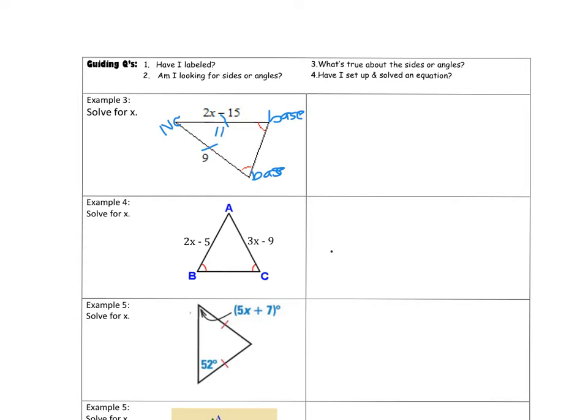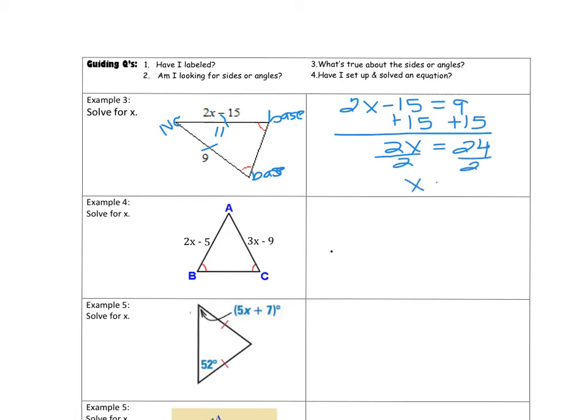So basically, my equation is 2x minus 15 equals 9. I'm going to add my 15 to both sides, and I'm getting 24 equals 2x, and then I'm going to divide by 2, and my x here is 12.